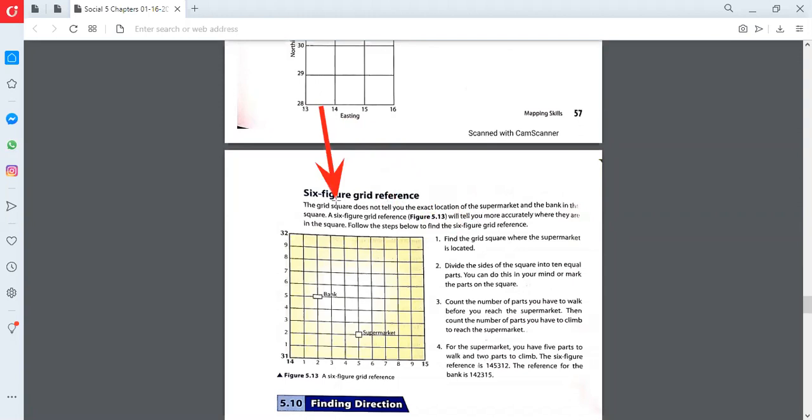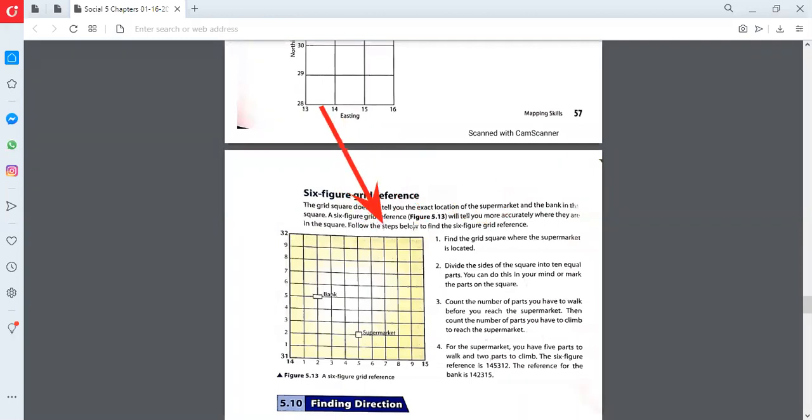As mentioned in your book, the grid square does not tell you the exact location of the supermarket and the bank in the square. See, there is a bank on the page, and there is a supermarket. They are not giving the exact location, but ultimately they are giving a reference. A six figure grid reference will tell you more accurately where they are in the square.